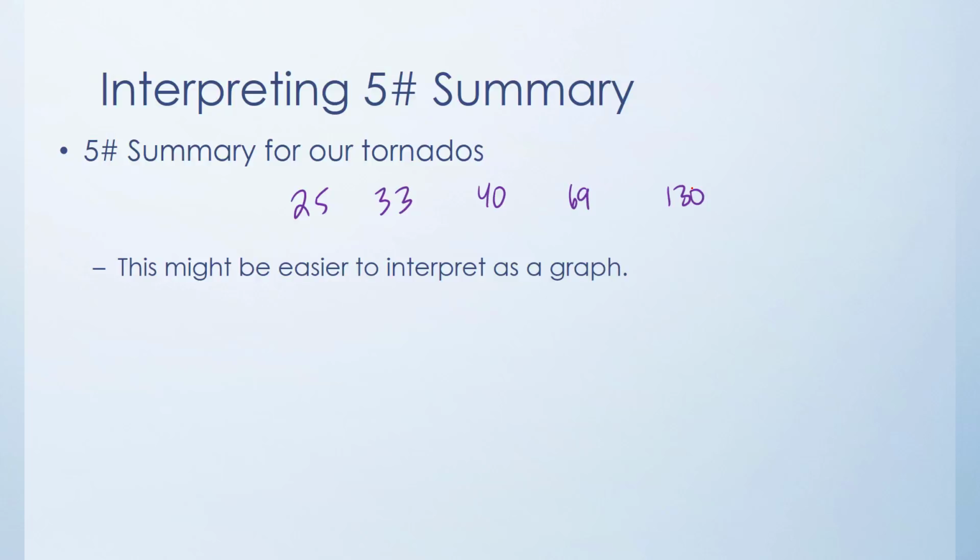But for right now, we can look at this and say, okay, there's a distance of 7 in between our median and our Q1. And there's a distance of 29 in between our median and our Q3. So that part of the data is much more spread out from the 50th to the 75th percentile than it is from the 25th to the 50th percentile.